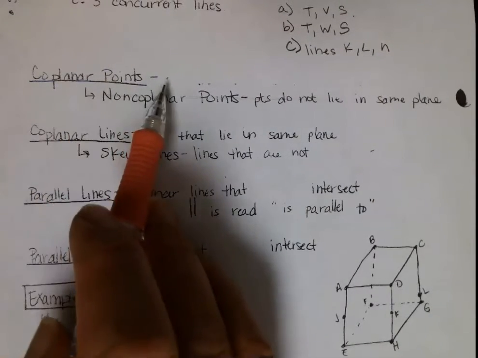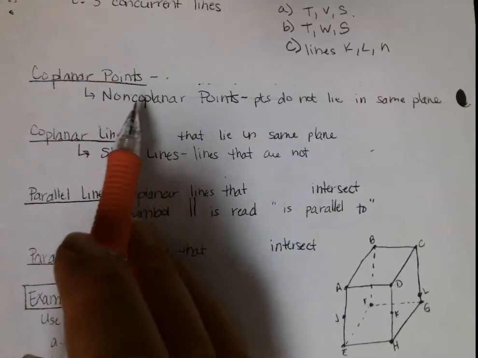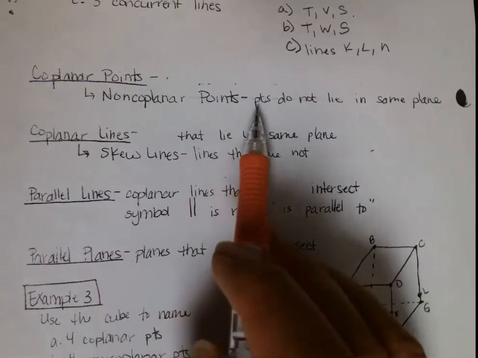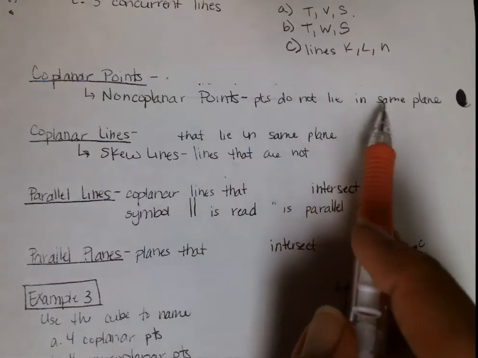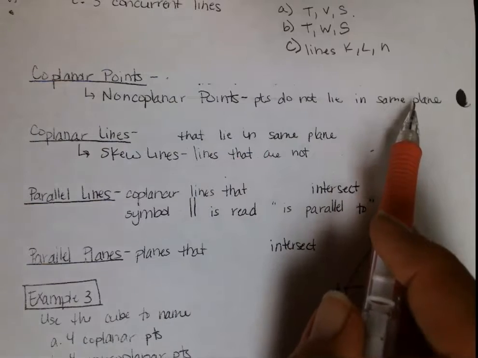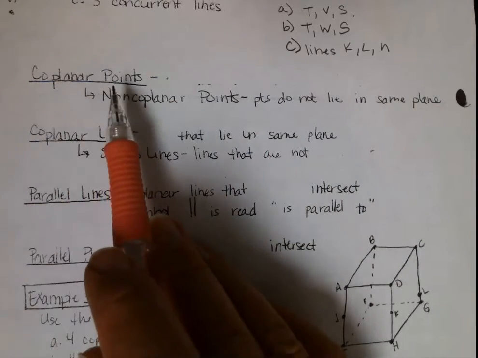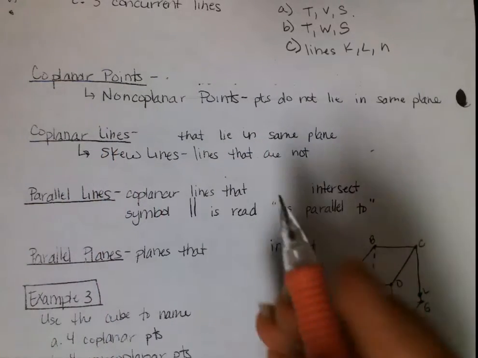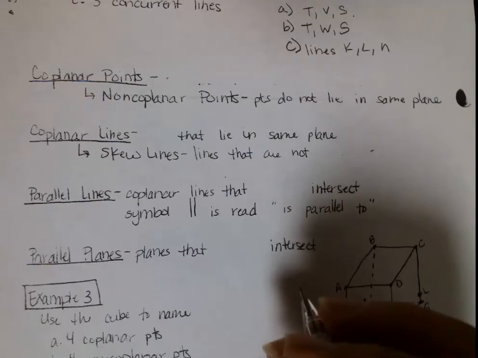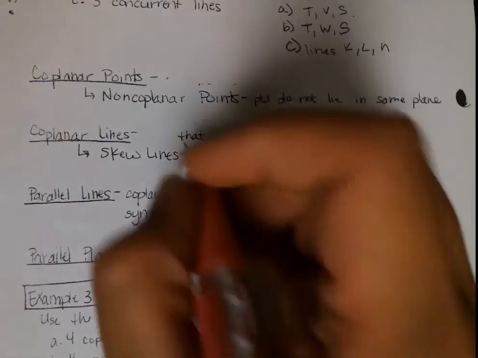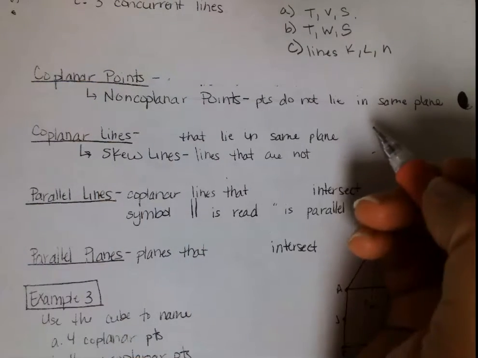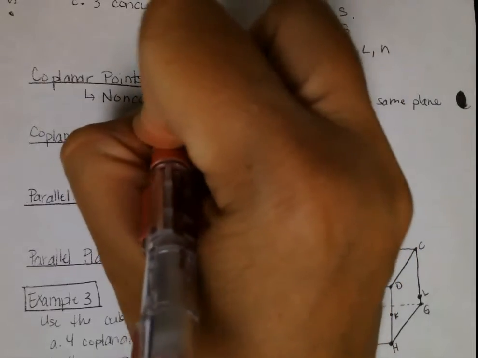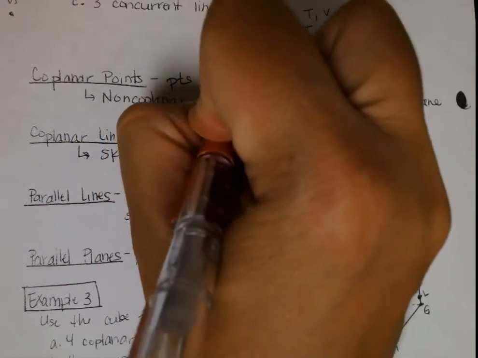Coplanar points, then, we need the definition, but we also have non-coplanar points. Those are points that do not lie in the same plane. Well, that should help us with our definition for coplanar points, right? So what are coplanar points? Excellent. They're points that do lie in the same plane.